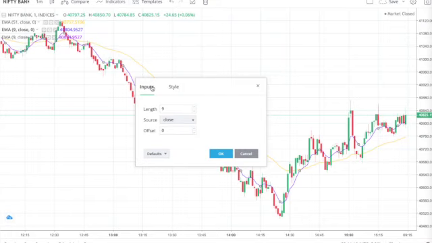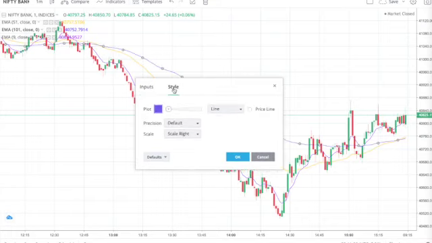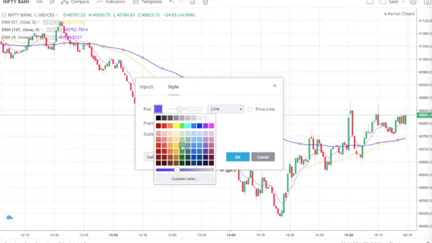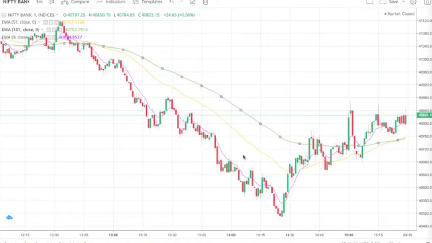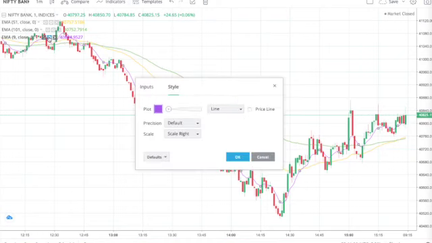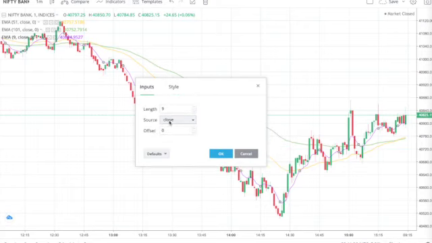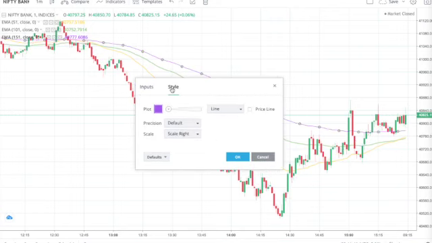Second setting, we are changing the length to 101, and the style again, we will change it to a slight green. Then the third EMA length we are changing to 151, and the style, let's keep the same color.